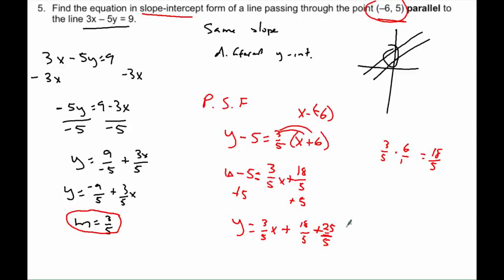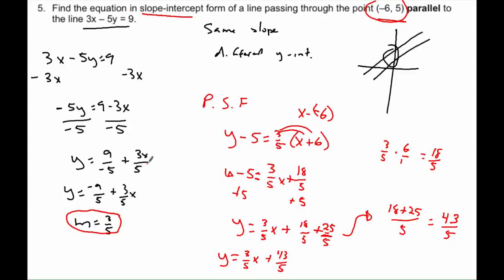Then adding fractions with the same denominator, 18 plus 25 over 5 becomes 43/5. So my slope-intercept form is y is equal to 3/5 x plus 43/5.